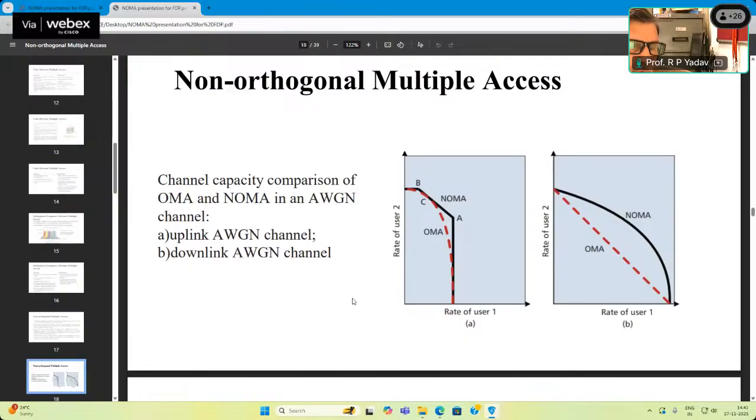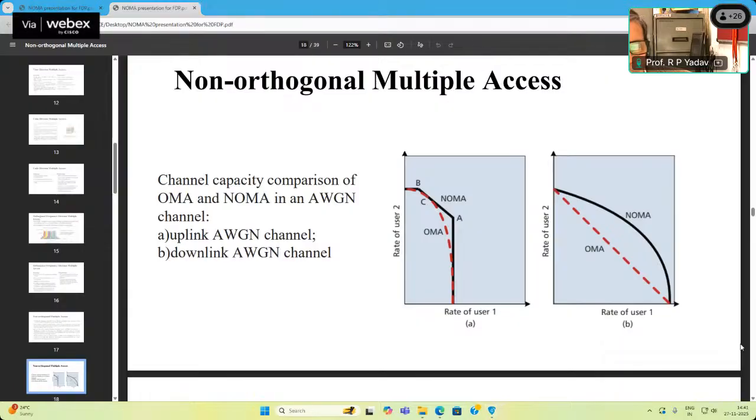The red dotted line corresponds to orthogonal multiple access, but with NOMA, non-orthogonal, the speed can be higher than orthogonal. This is more clear in the second figure B, where orthogonal is almost linear, while NOMA is of a higher order, and the rate of speed can be very high.